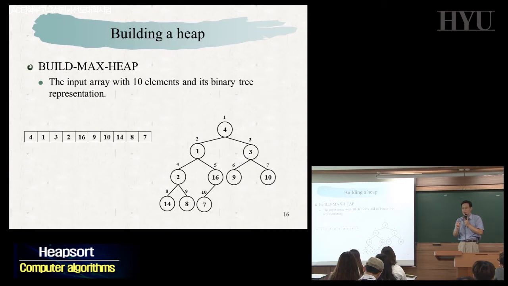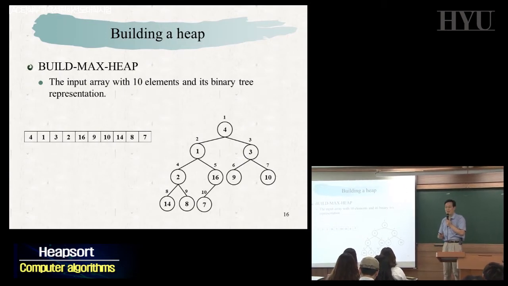But look at this. We don't have to apply max heapify for these nodes. It has only one. It is a leaf, so we don't have to apply max heapify to them. So we start from here.